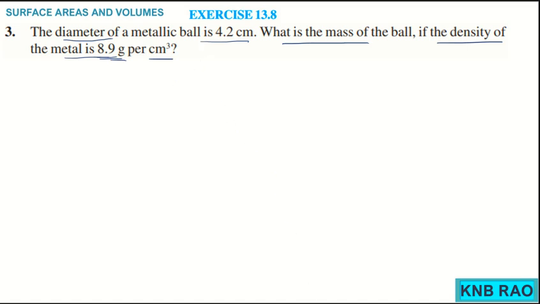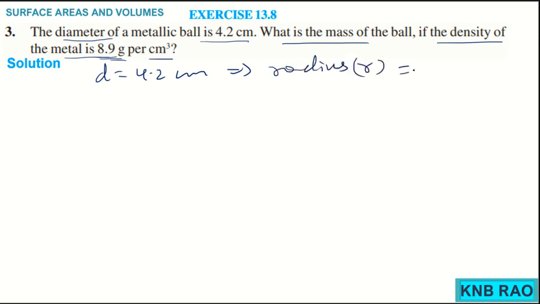Here in the solution, we have diameter given as 4.2 centimeter. It implies radius r becomes 2.1 centimeter. Now, we have to find the volume of the ball.